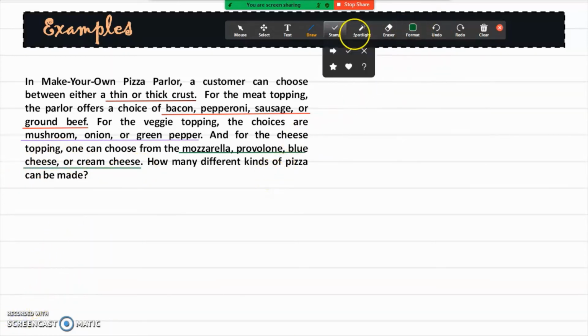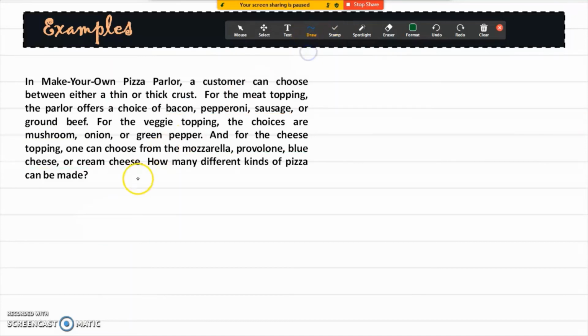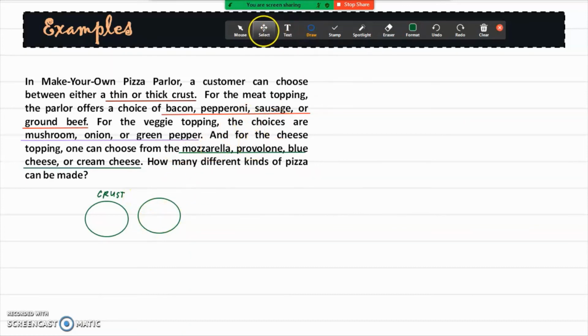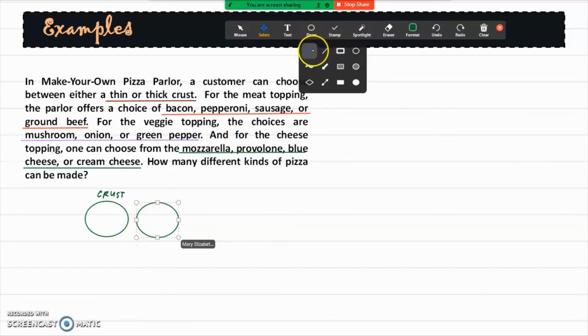So applying the concept of the fundamental counting principle, let's make use of our circles. So the first circle will contain the number of choices for the crust. For the second, the second circle will contain the number of choices for the meat topping.